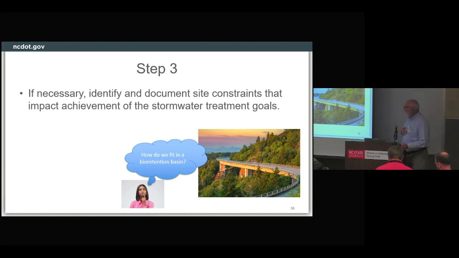But where are we going to put a bioretention basin on this project? So you note that in your preliminary stormwater management plan: our initial thought was to put in a bioretention basin because of the trout waters, but we had these constraints. And you note that in your stormwater management plan.